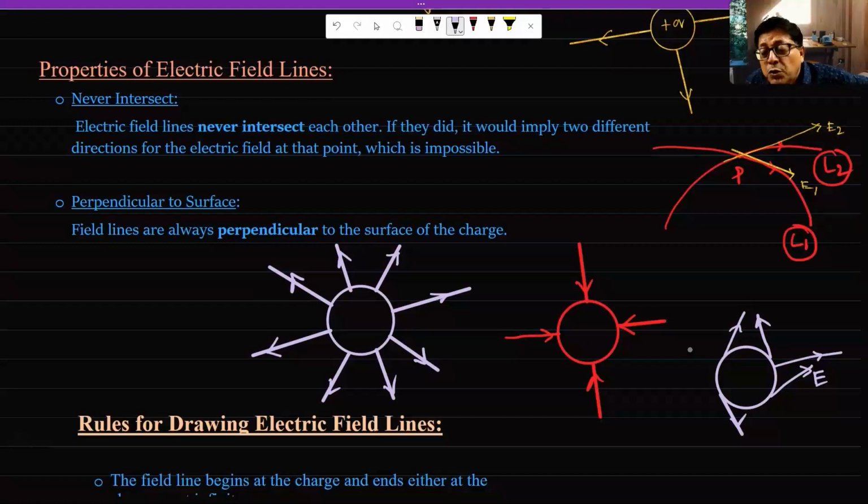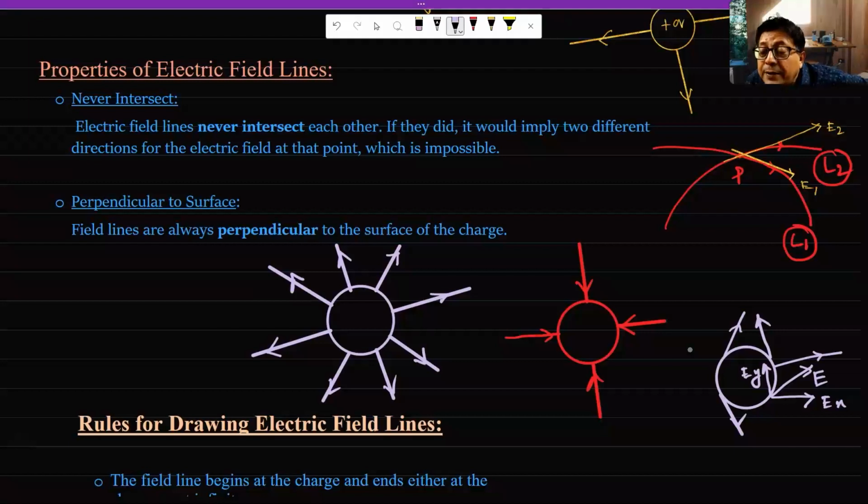Then this E can be directed this manner, or in a perpendicular direction. One component may be directed this way, another component may be directed this way. This E may have components Ex and Ey.